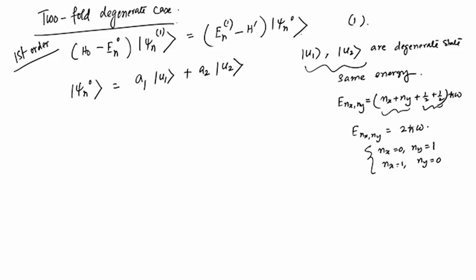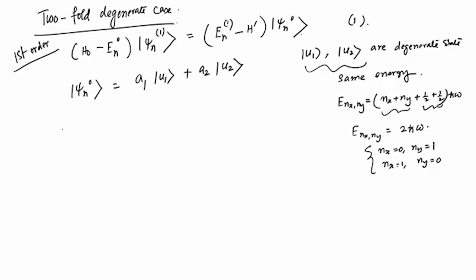Nevertheless, u1 and u2 are orthogonal because the corresponding wave functions are orthogonal to each other. These are Hermite polynomials multiplied by the Gaussian function, and they are orthogonal. So, similar to that. Okay.